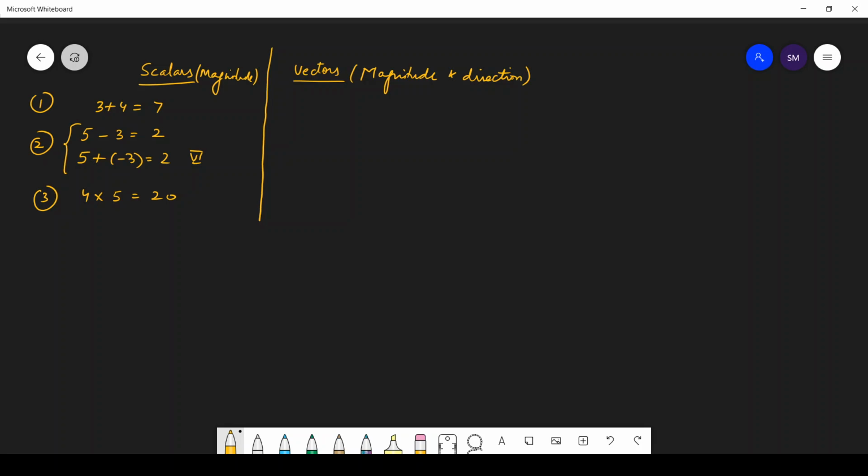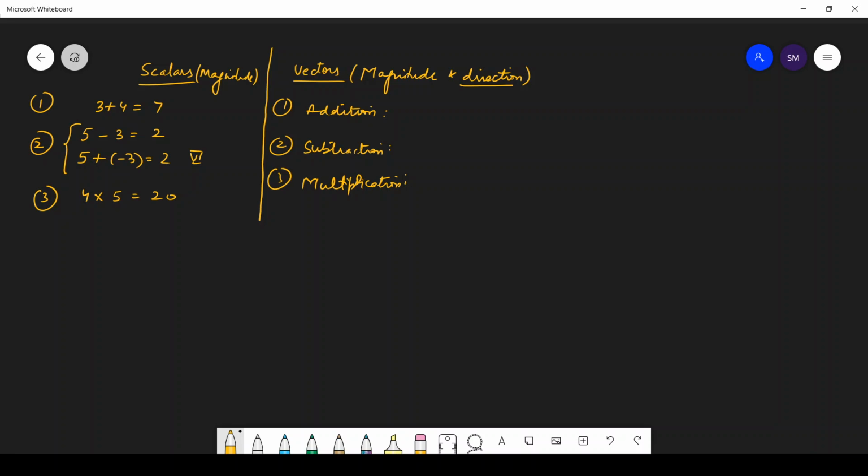So the results that you will be getting, either you are adding vectors, subtracting vectors, or multiplying vectors, these rules are different because direction is involved.